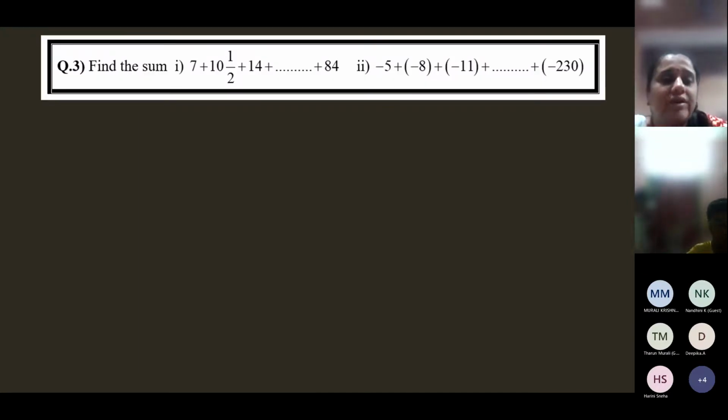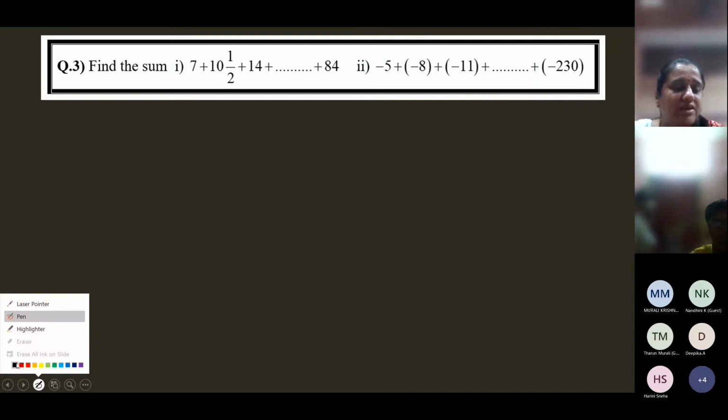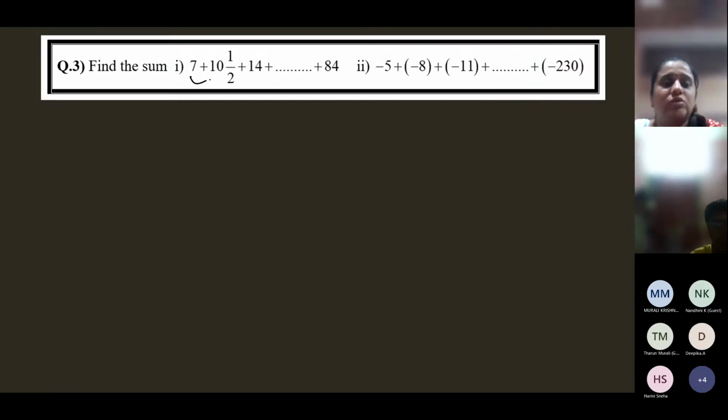See this, children. Find the sum. So now this is an arithmetic series. You cannot say that this is an arithmetic progression. It's an arithmetic series because the comma is replaced by the plus sign.